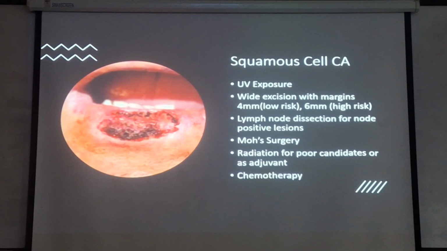Like for example, squamous cell carcinoma of the lip that has already spread to the oral cavity and the gingiva. So you just can't remove the tumor. You will also have to remove a margin. You will also have to remove half of the mandible and the skin here, and do a neck dissection, which we call a commando operation.